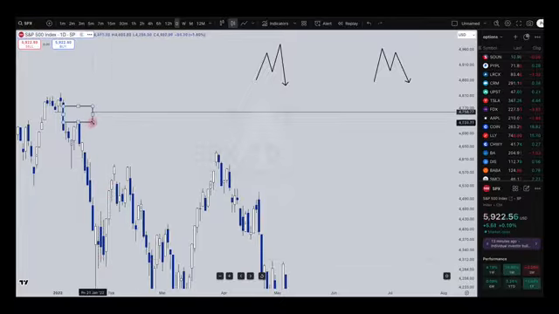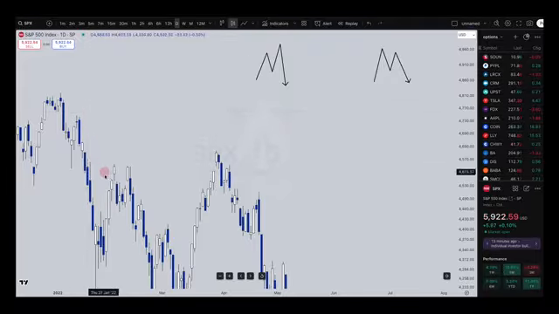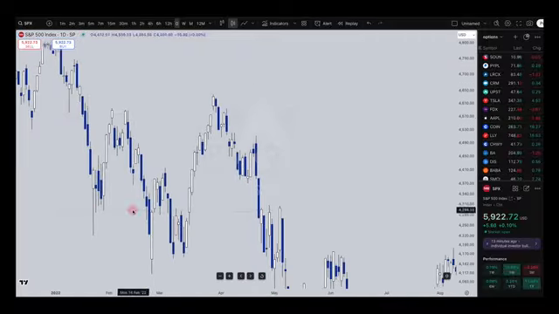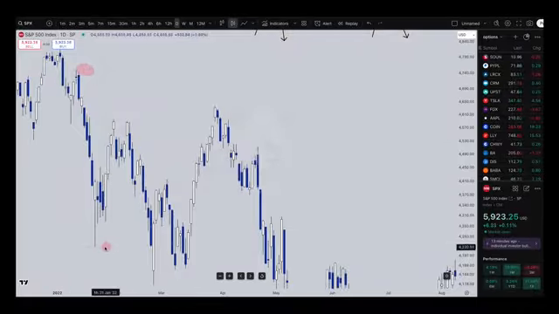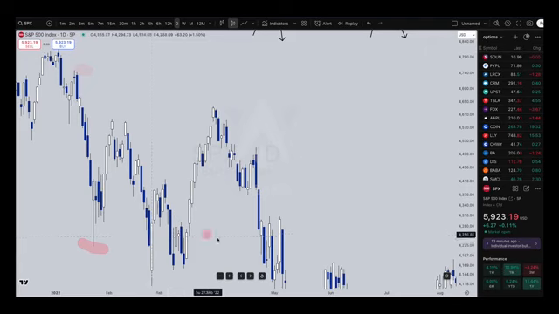So let's repeat this process on another impulse swing. So after price violates this low that's made here, it goes and forms another low all the way down here. So from this high right here to this low, that's another impulse swing.